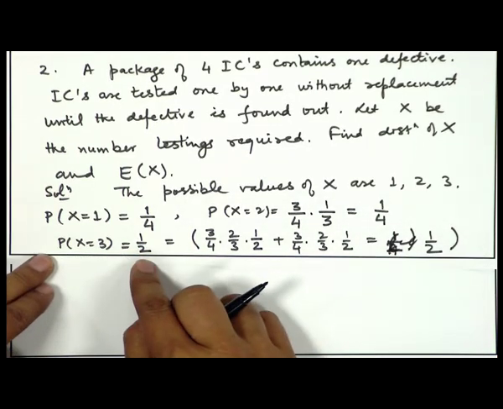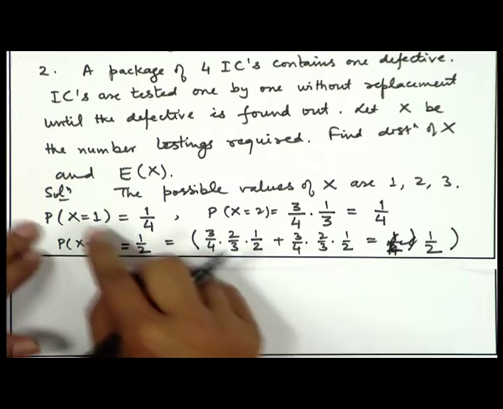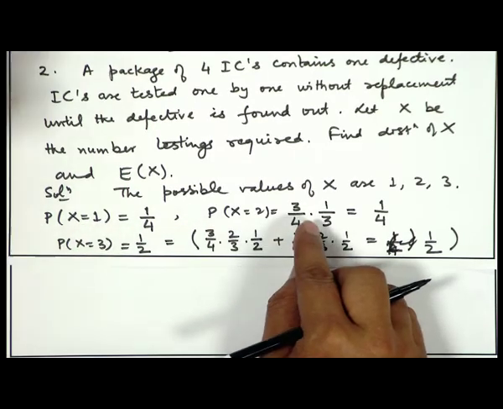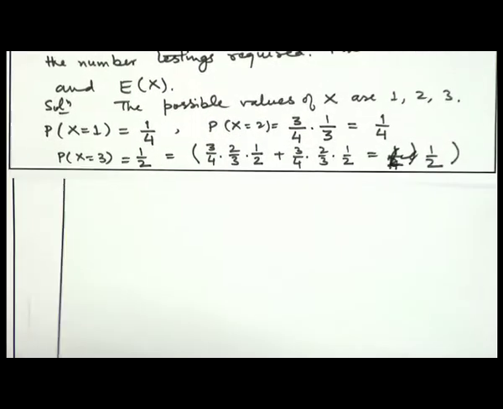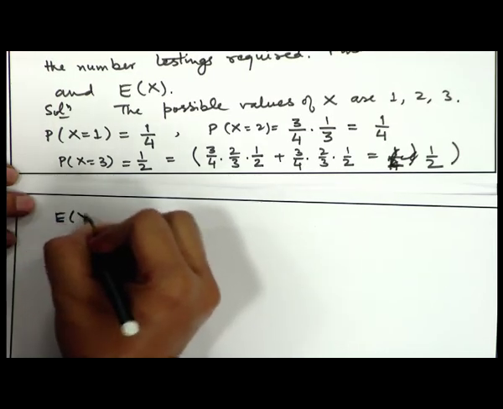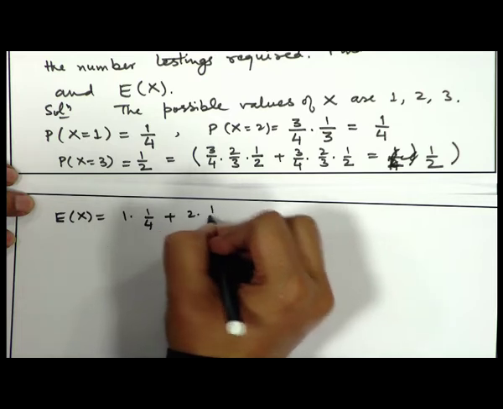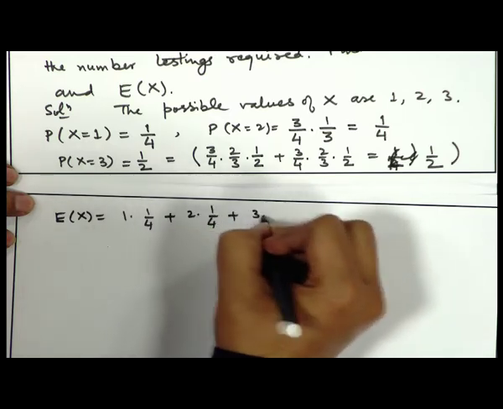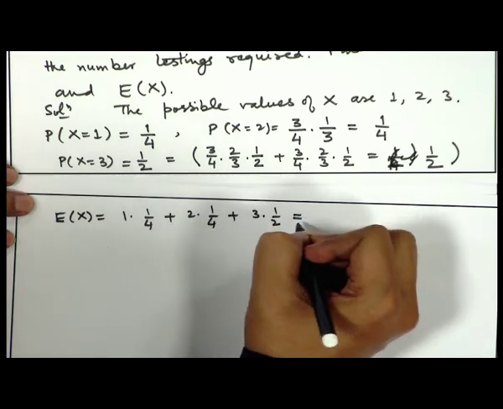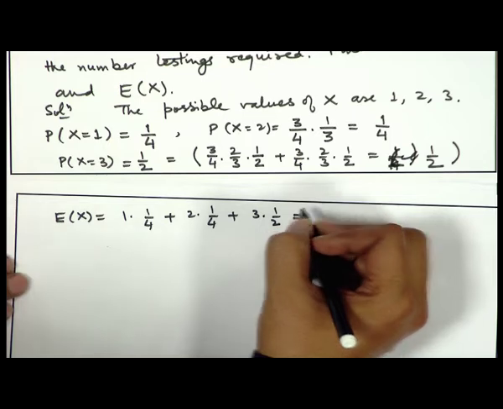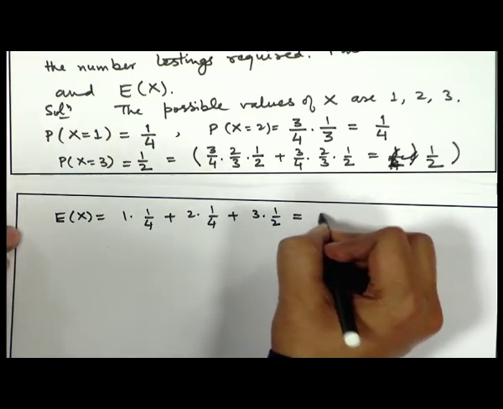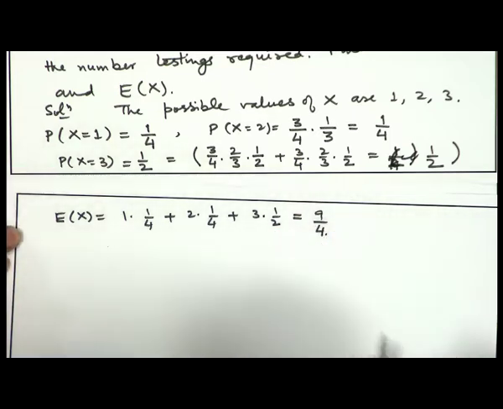So this is the probability x is equal to 3, and this is the probability distribution of x here. Now I want to calculate the expectation of x. So expectation of x becomes 1 into 1 by 4 plus 2 into 1 by 4 plus 3 into 1 by 2. So this value is nothing but 9 by 4.